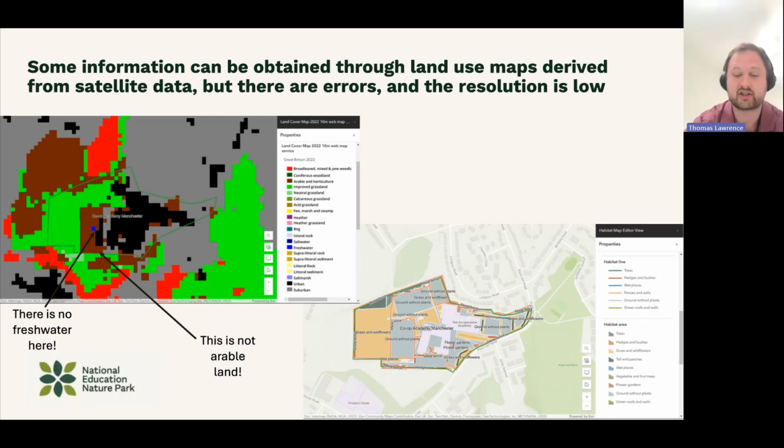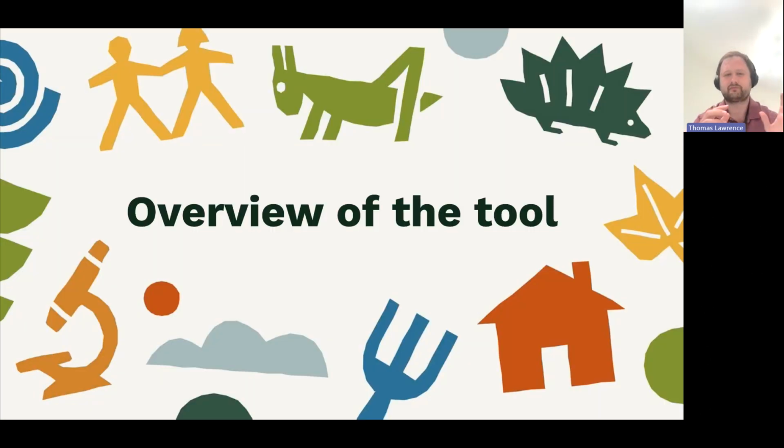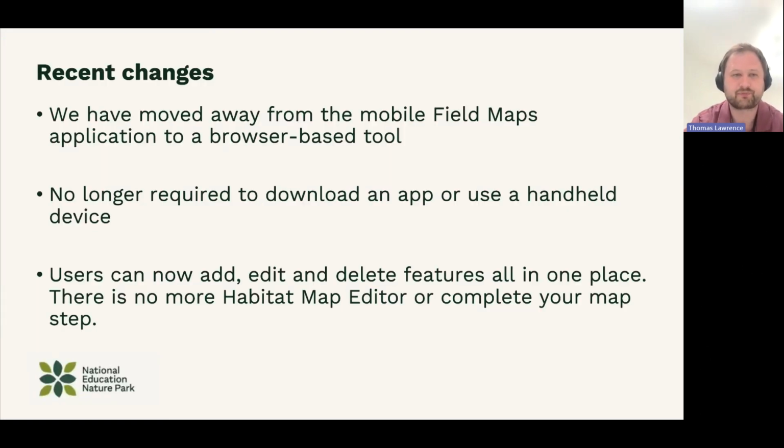So I can't stress enough the importance of the scientific data that your students are collecting. We're going to have an initial overview of the tool, and then we're going to be going into a live demo. And then after that, we'll be talking about how you can do the habitat mapping within your site and how you can involve your students in it as much as possible.